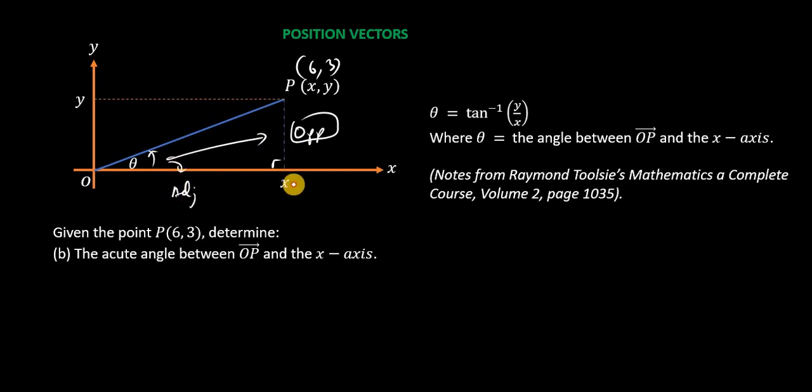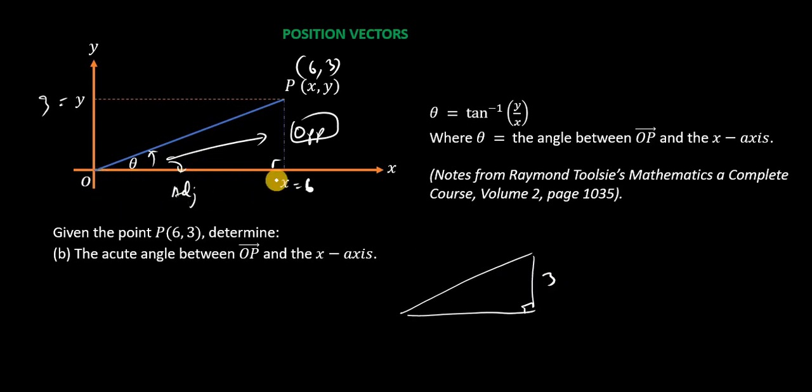This x here is 6, and this y here is 3. If we sketch this quickly, we have 3 units up on the y, and since this is a rectangle, opposite sides are of equal length, so this vertical distance here is also 3, and this is 6 units.